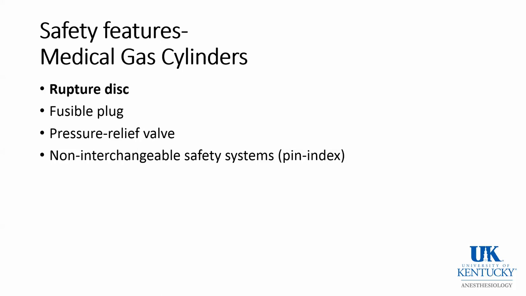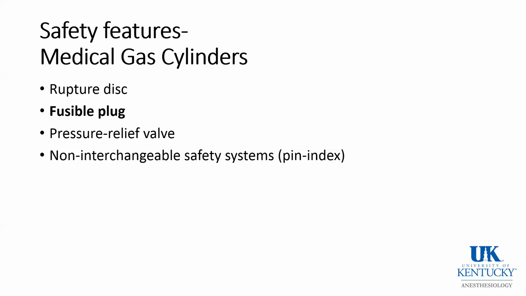Now moving on to safety features. Medical gas cylinders have a number of safety features. First, the rupture disc. It's also known as a frangible disc and is a non-reclosing device that ruptures when a predetermined pressure is reached. Then the fusible plug.